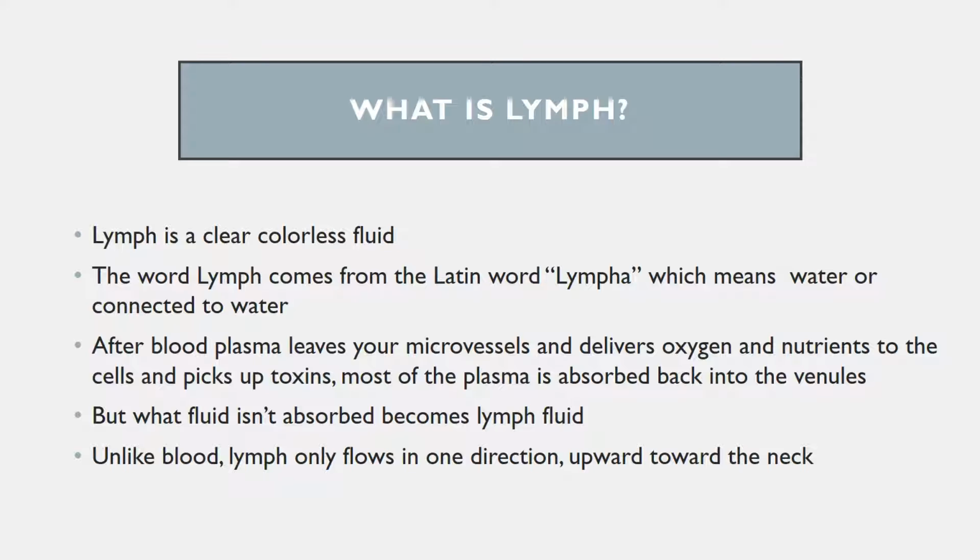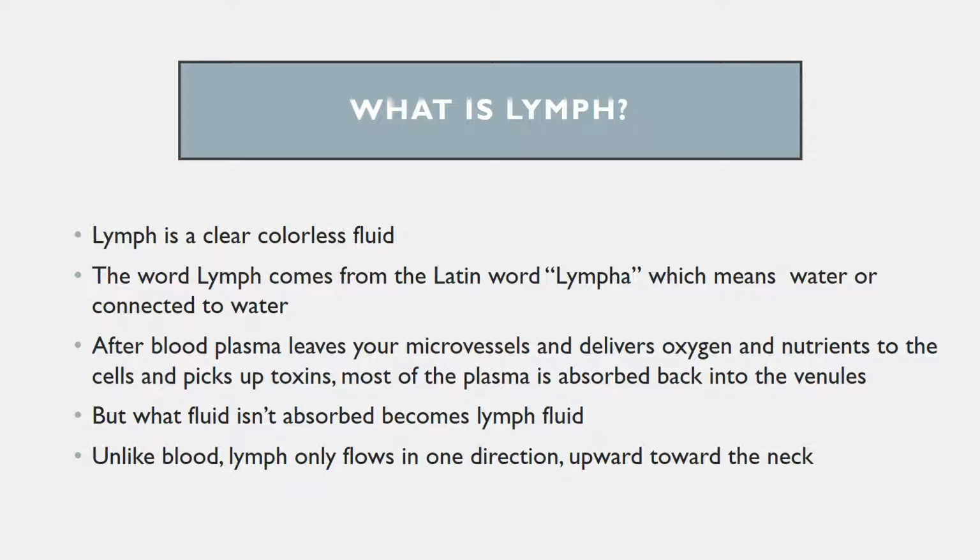After blood plasma leaves your microvessels and delivers the oxygen and nutrients to the cells and picks up the toxins, most of the plasma is absorbed back into the venules. On average, about 20 liters of blood plasma is transferred from the microvessels to the cells to deliver the oxygen and nutrients and to pick up the toxins.